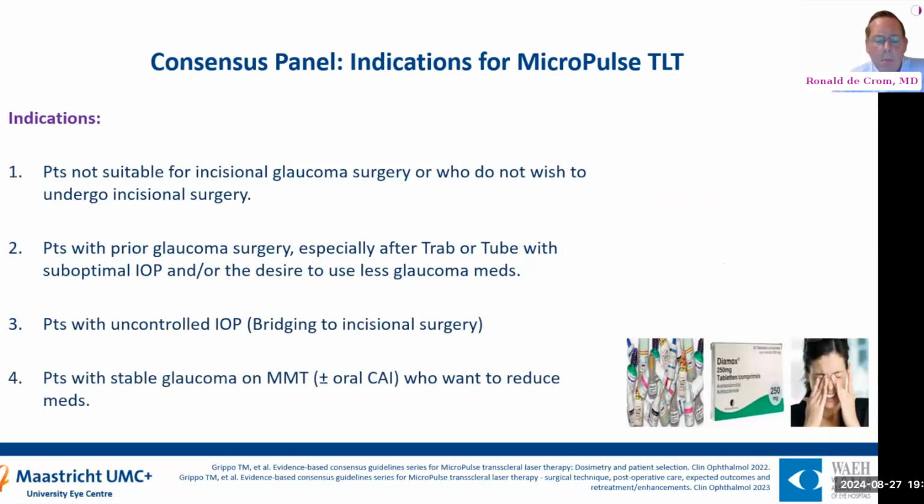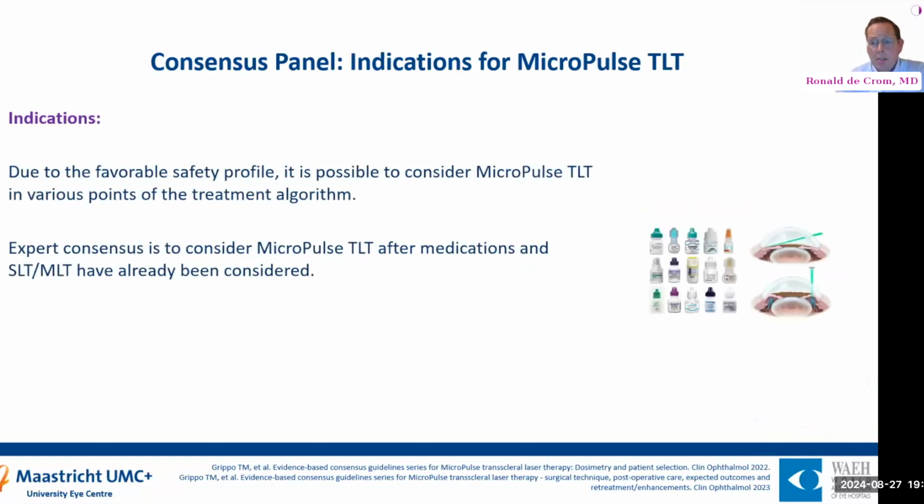You can use MicroPulse TLT to reduce the number of medications. But because it's a small and safe treatment, you can also consider it in other patients, especially if topical medication or SLT laser treatment has already been done or considered.